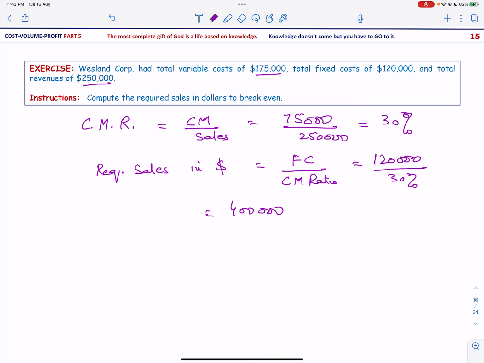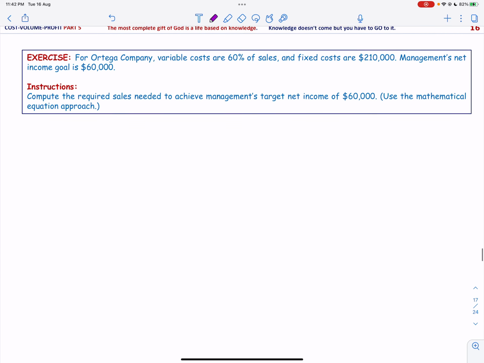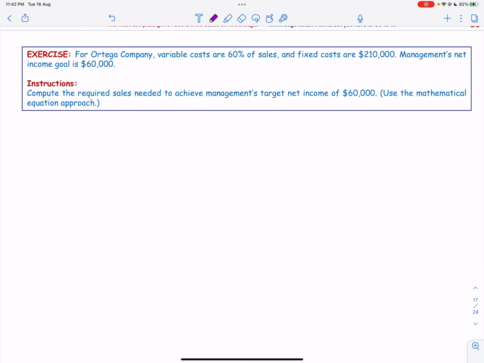So next, let us solve an exercise on determining sales for target net income. For Ortega Company, variable costs are 60% of sales and fixed costs are 210,000. Management's net income goal is 60,000. So we need to compute the required sales to achieve management's target net income of 60,000.